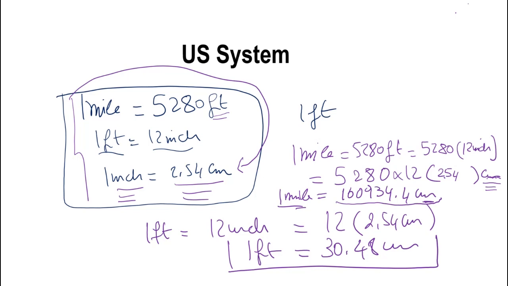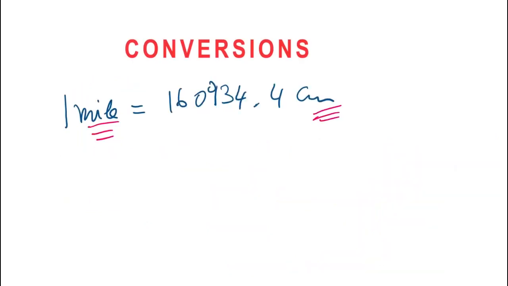Now we need to know the relationship between centimeters and kilometers, etc. We said in 1 mile we have 160,934.4 centimeters. What do we see here? This number is too big. What does that tell us? This unit in miles is too big compared to this unit in centimeters.